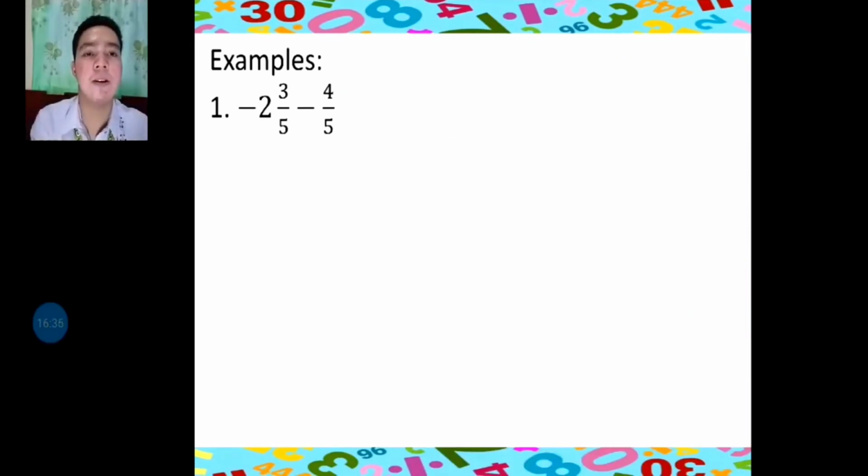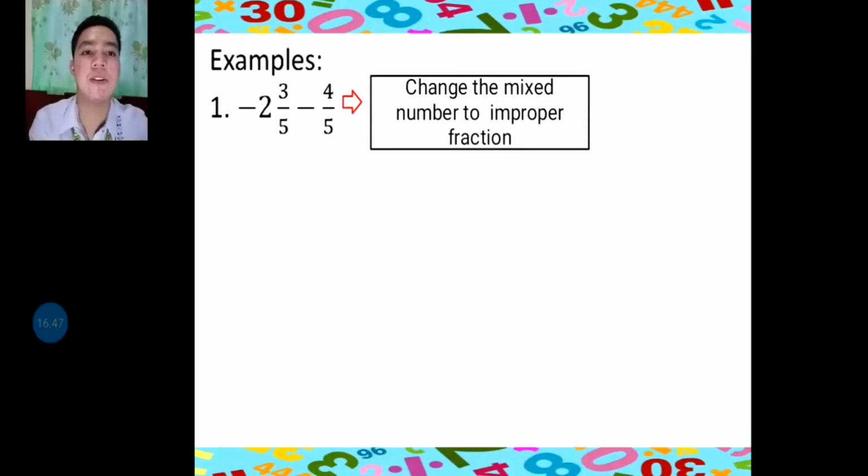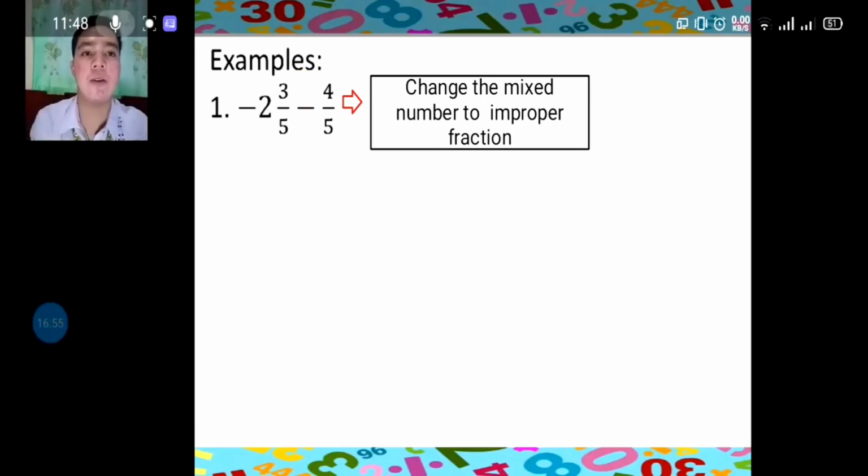Another example, this one is for subtraction. Negative 2 and 3 over 5 minus 4 over 5. So what you are going to do is, first, change the mixed number to an improper fraction. Our mixed number here is negative 2 and 3 over 5.